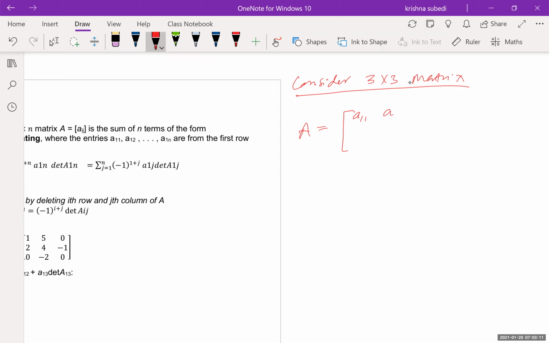The second element here will be first row, second column. First row, third column. Second row, first column. Second row, second column. Second row, third column. Third row, first column. Third row, second column. Third row, third column. Okay, a_11 means this is the position. This lowercase a_11 represents this position right here.